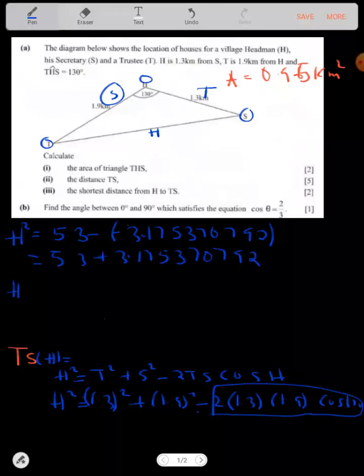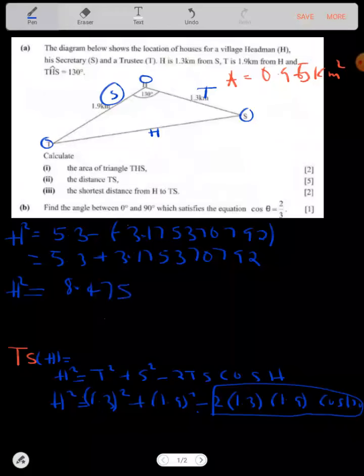So H squared is equal to 5.3 plus 3.175370792. When you add, you are getting 8.47. So you follow the steps. This is 5 marks, so you don't have to round off. And don't round off until you find the final answer.